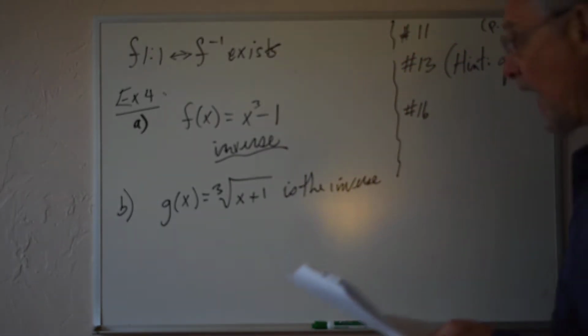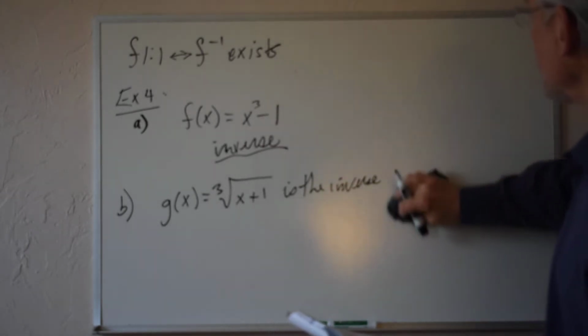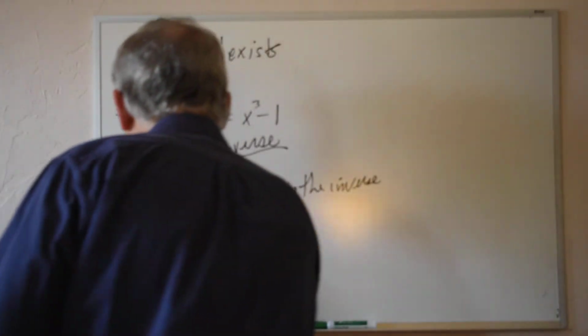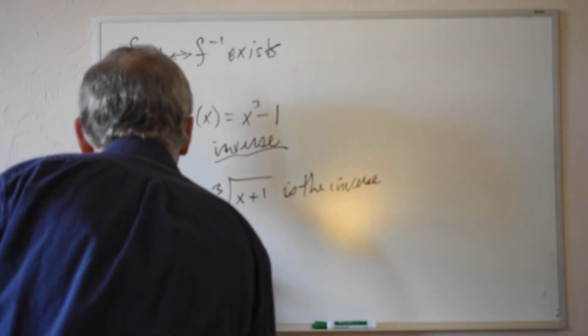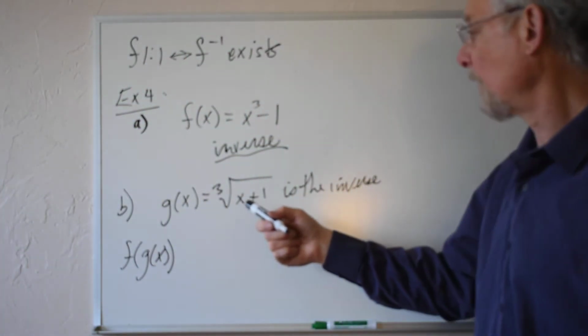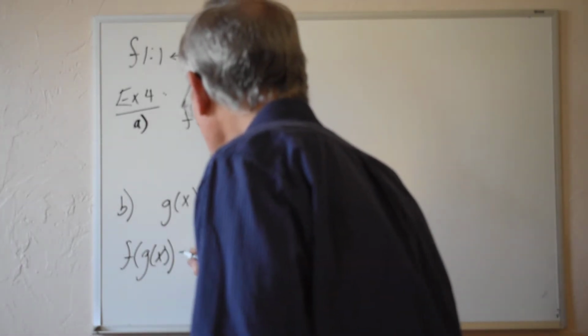Okay, how would you do that? Well, you have to go back to your definition for inverse functions. If g is the inverse of f, and f is the inverse of g, then this has to be true.